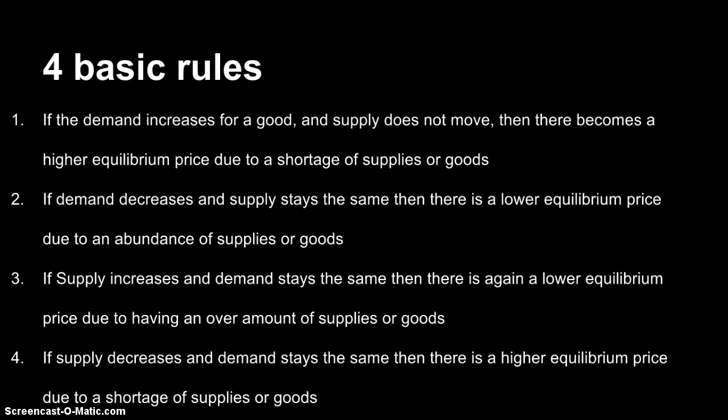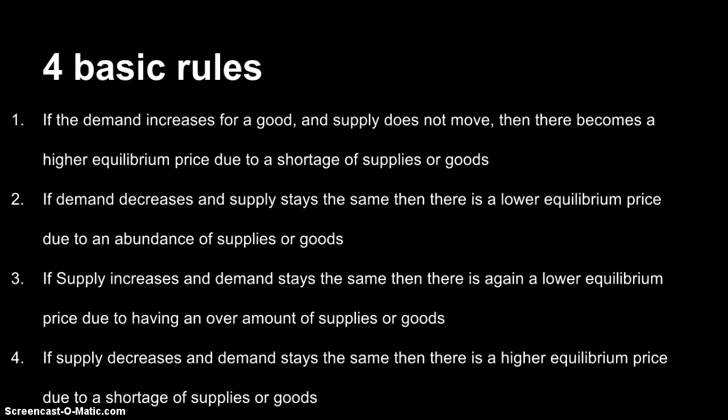And then if demand decreases and the supply stays the same, then there's a lower equilibrium price due to an abundance of supplies or goods, which basically means that if there's not as much demand for the good, but there's a lot of supply left, then the price goes down because less people want it, and they're trying to get rid of it to balance everything out.